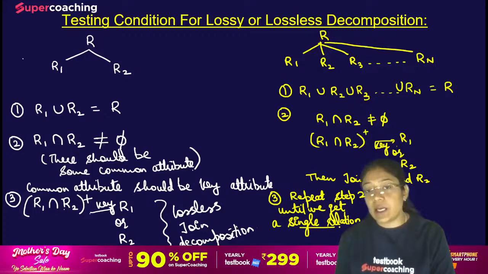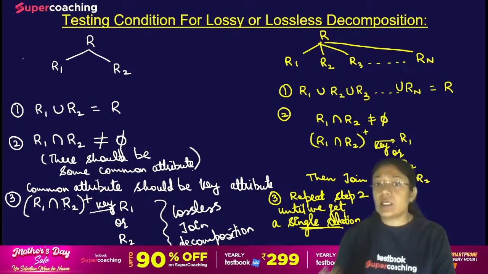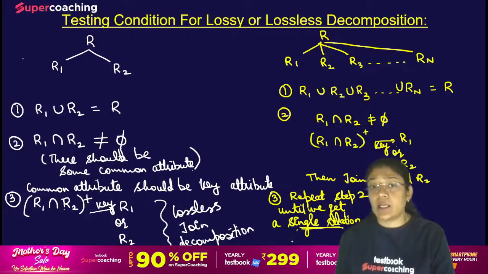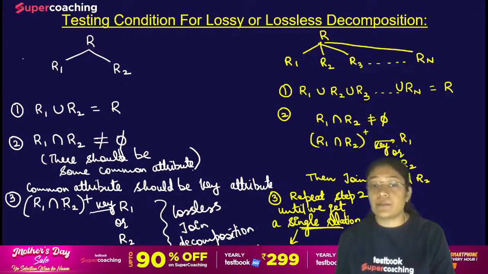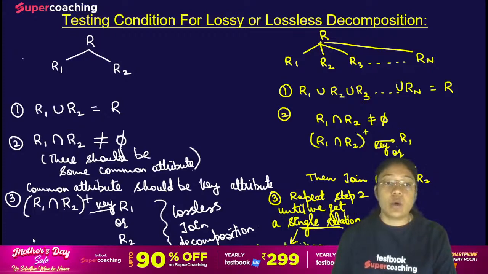Okay, if we are getting at the end by following these steps a single relation, so we can say that the decomposition is, अगर एक ही relation मिल गया इसका मतलब decomposition is lossless, there is no loss of data. I guess this is going behind the image, that's okay.